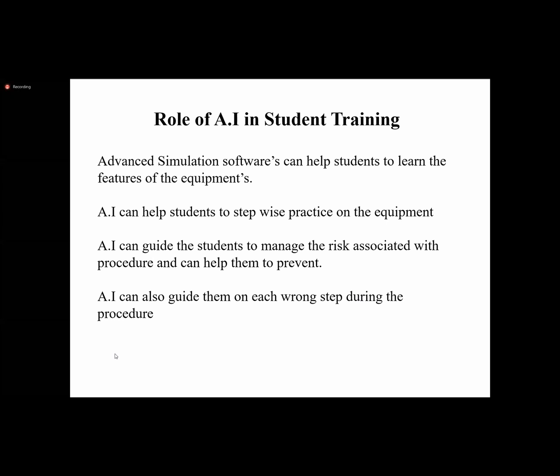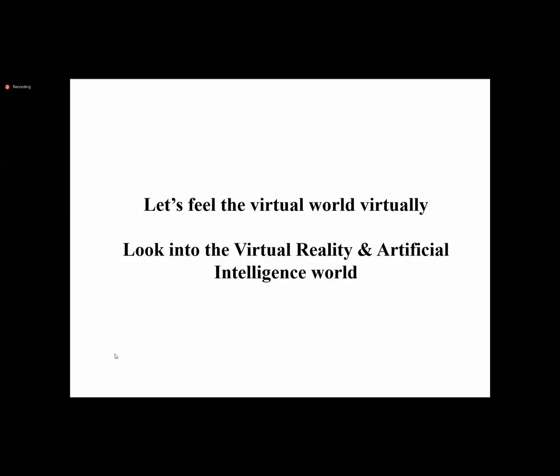So suppose a newly trained radiographer is giving more radiation to a pediatric or old patient, the AI can help us to reduce the radiation dose for each kind of patient. And it can also help us with a wrong step. It won't work forward if the first step is wrong, or we miss any step. So it can teach better and give us a better demonstration of each and every equipment.